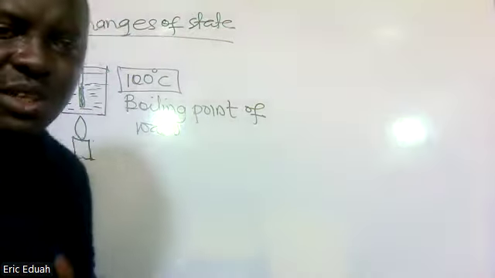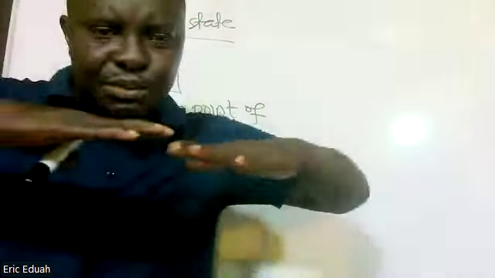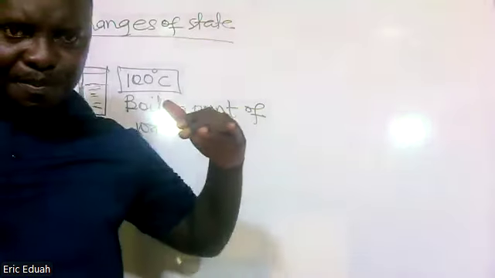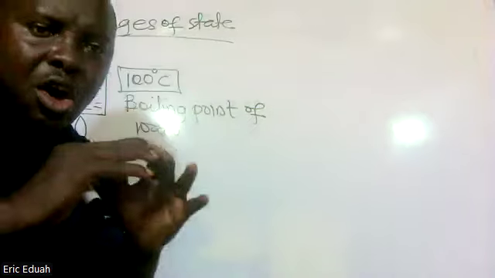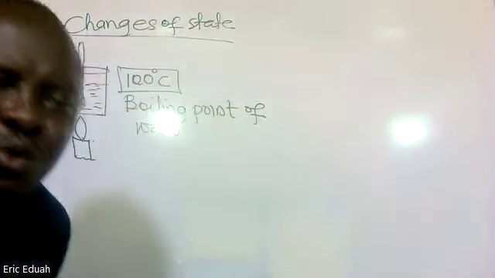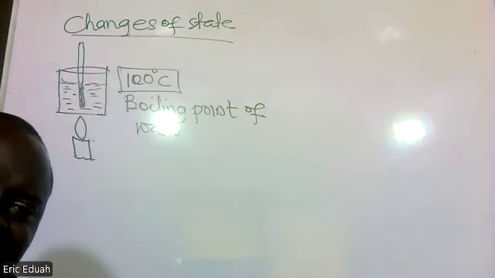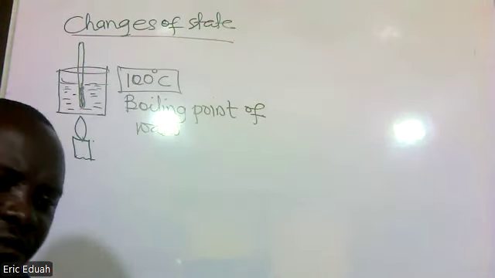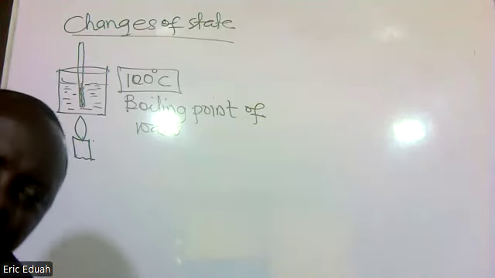And once change of state begins, the temperature must be constant. The temperature must be constant until every liquid water has turned to vapor. So every change of state occurs at a constant temperature.